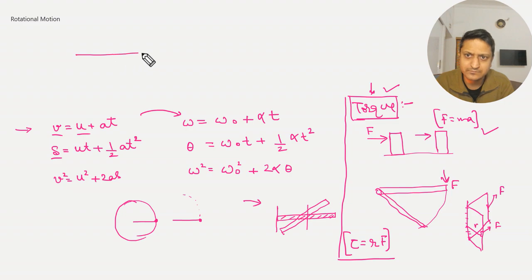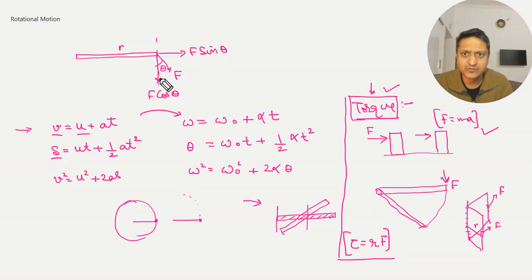Like if there is a force like this at some angle, and this is R, you would be taking this component R cos theta, and this will be R sin theta. So the torque here would be R cos theta into R. It should be 90 degrees here.